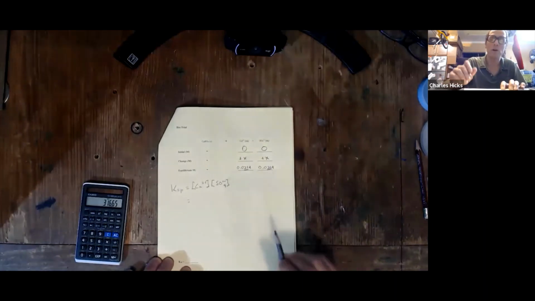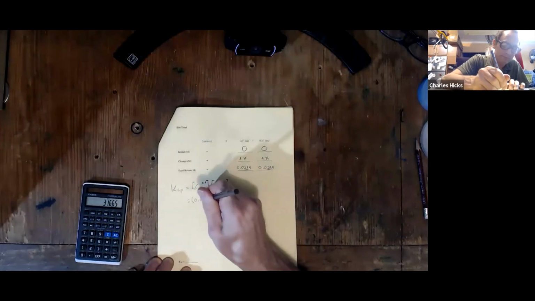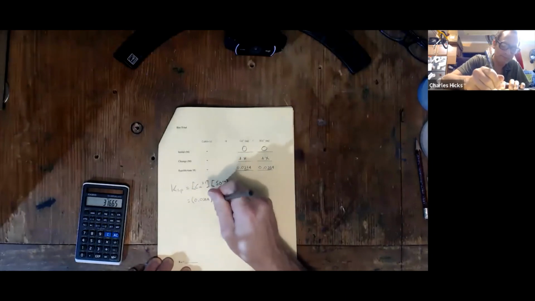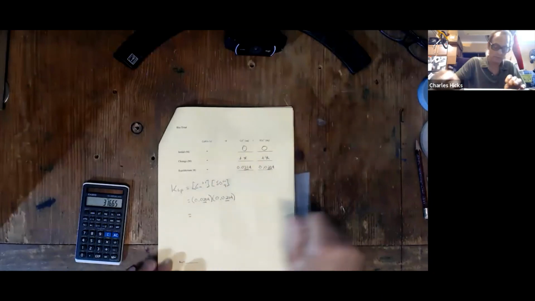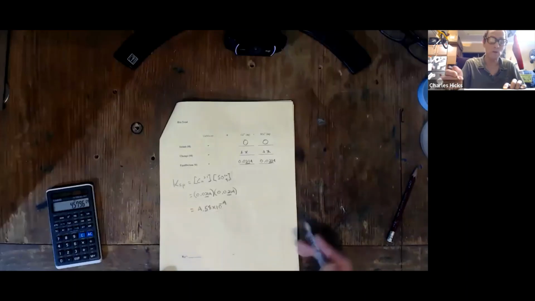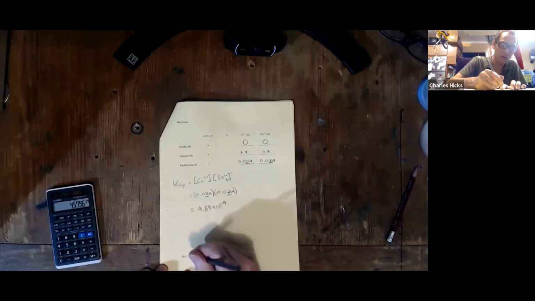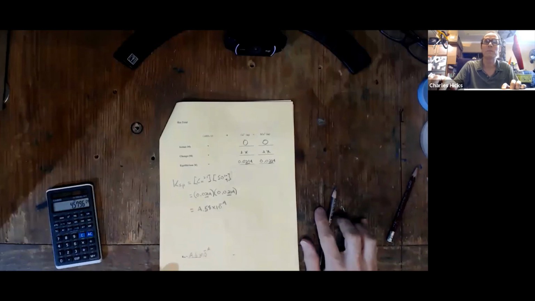It will be 0.0214 squared. Okay, so I square that, that's what I get. We only have 2 significant figures though, so we should say 4.6 times 10 to the minus 4 would be our value for the KSP.